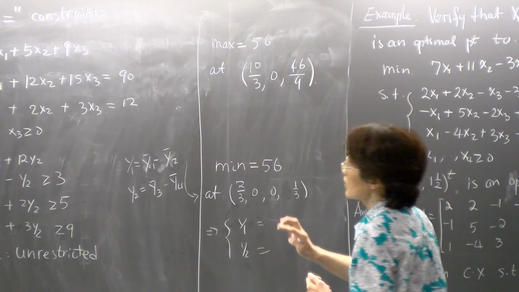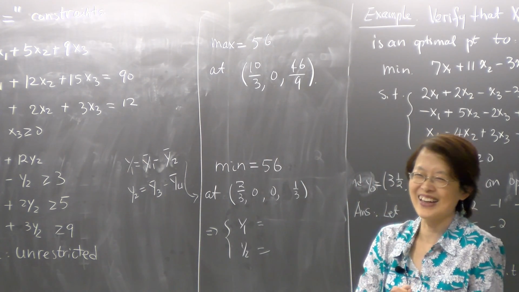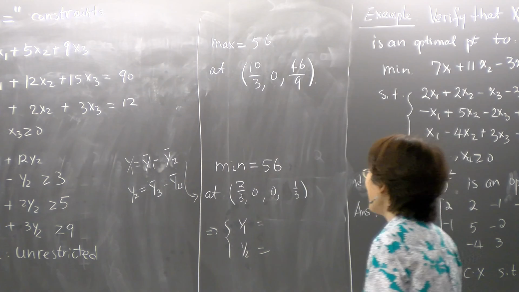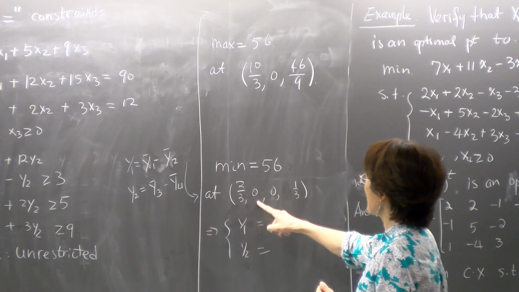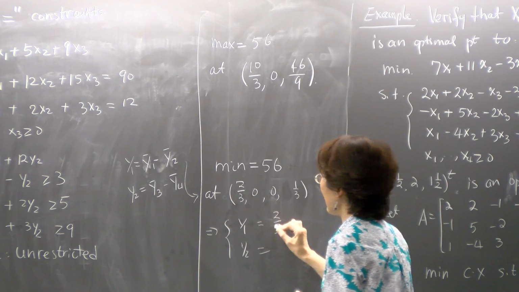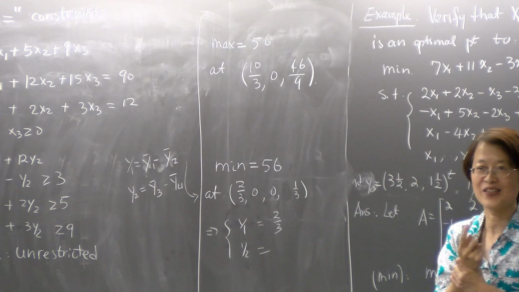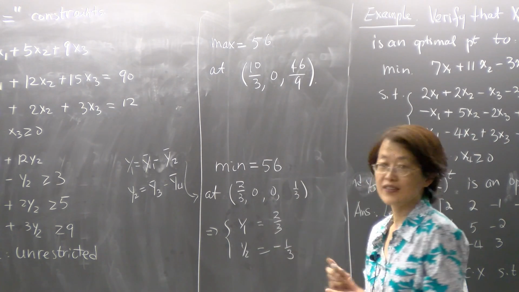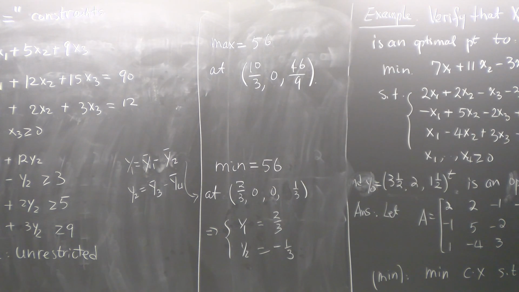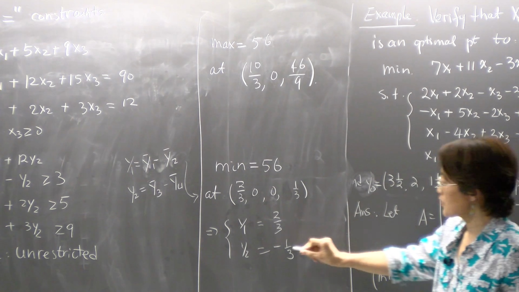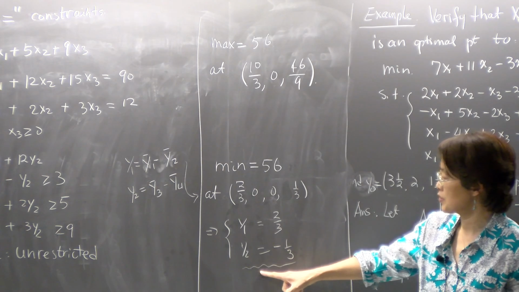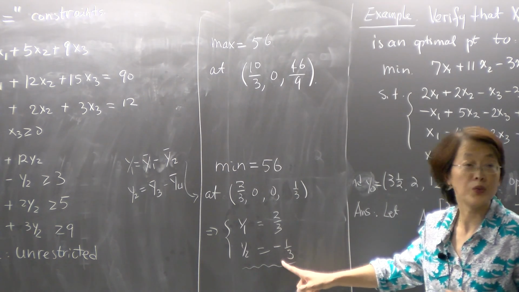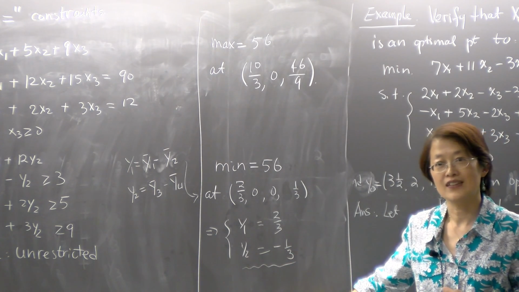Okay. Thank you. All right. So this minus that is 2 over 3. I know what the final answer has to be. And this minus that is negative 1/3. Is that right? And now you see it is unrestricted because the optimal solution is obtained at this y2, which is negative.